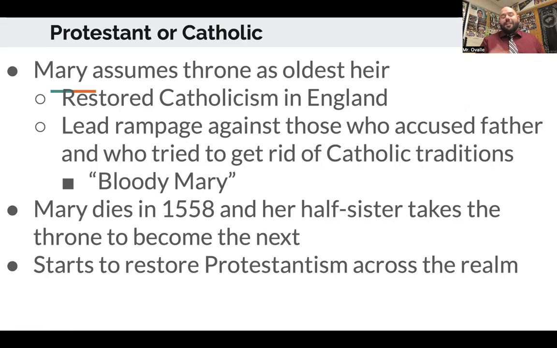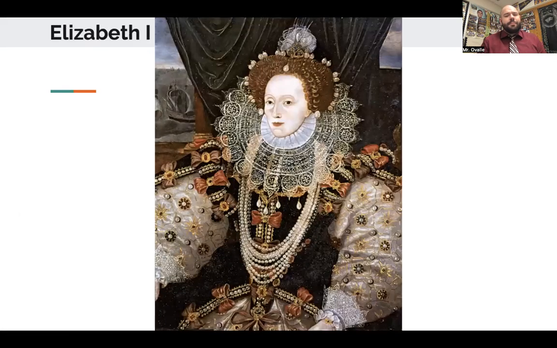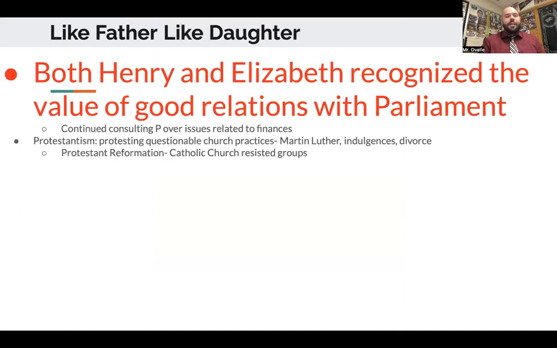So her younger half sister takes the throne to become the next monarch. And she is Protestant. So she will undo what Mary just tried to do and starts to restore Protestantism across the realm. That's Mary. She gets the nickname Bloody Mary for killing all those Protestants. The Queen Elizabeth the First.